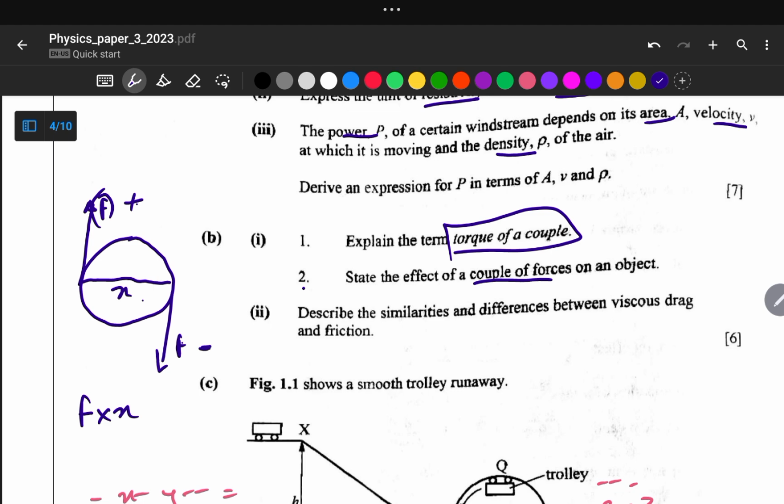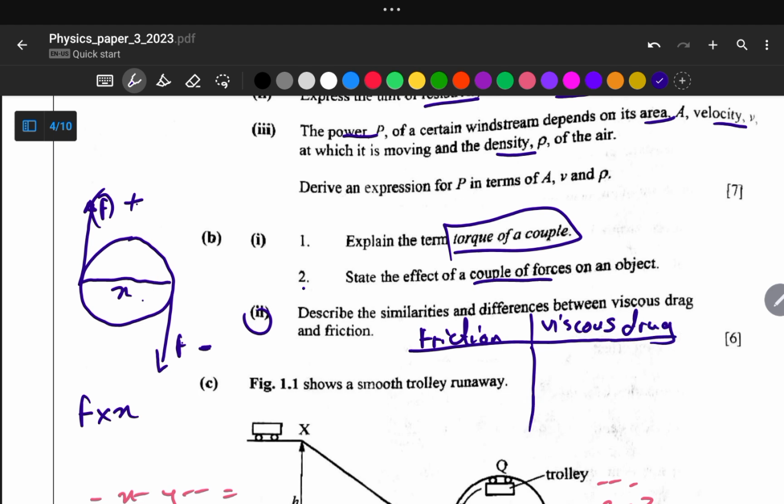And then let us move on to this part of the question, which says describe the similarities and the differences between viscous drag and friction. So we can write friction like this, and on this side is viscous drag.